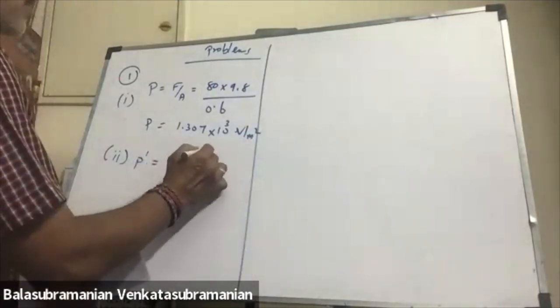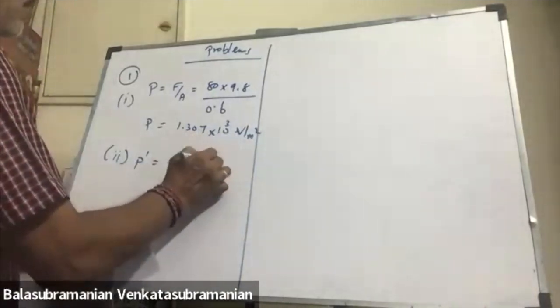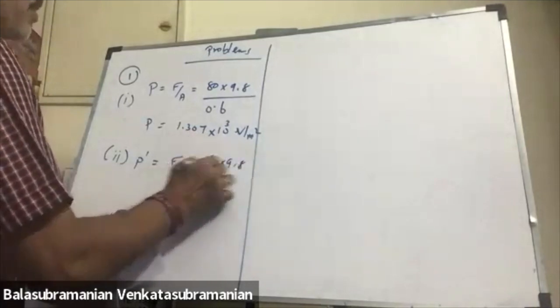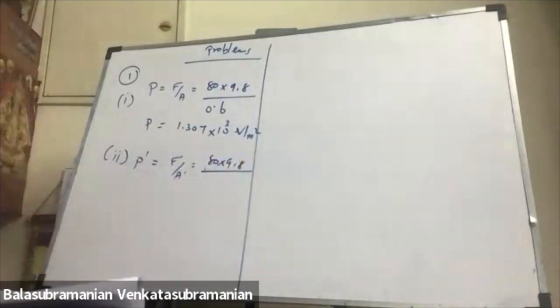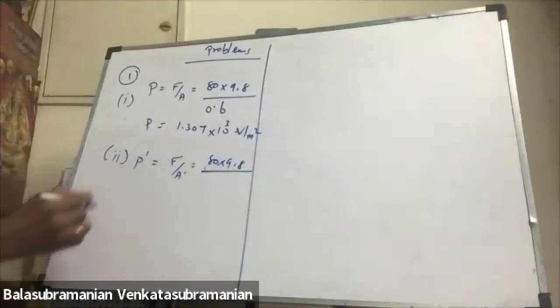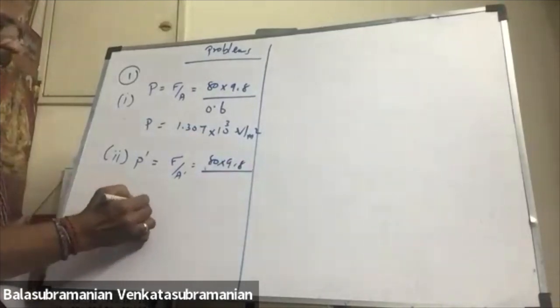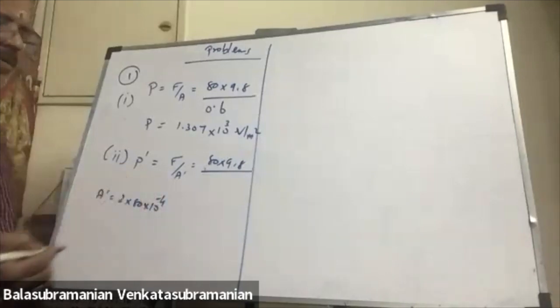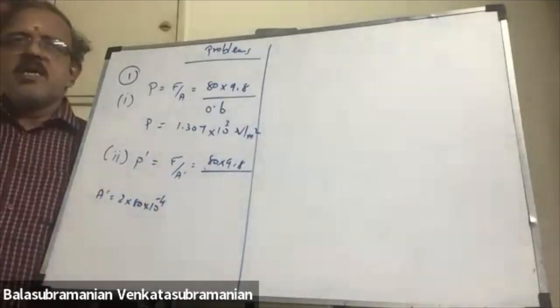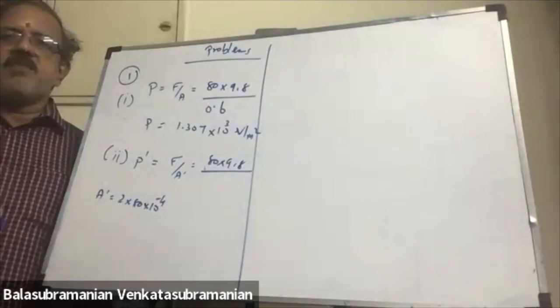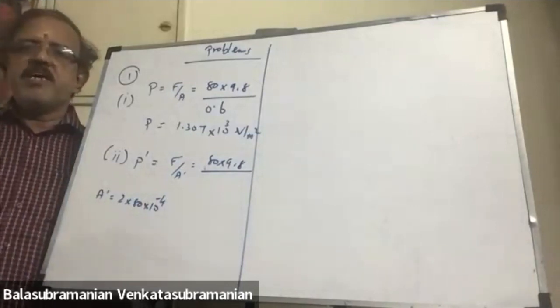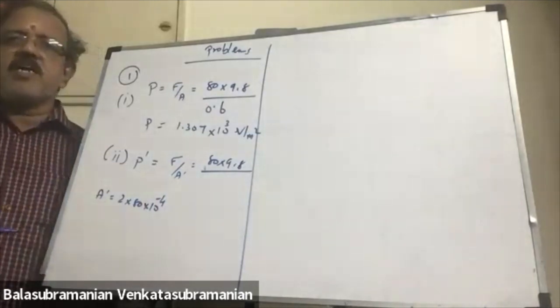So force is 80 into 9.8, by A dash, which is 2 into 80 centimeter square, because the area of each foot only is given.